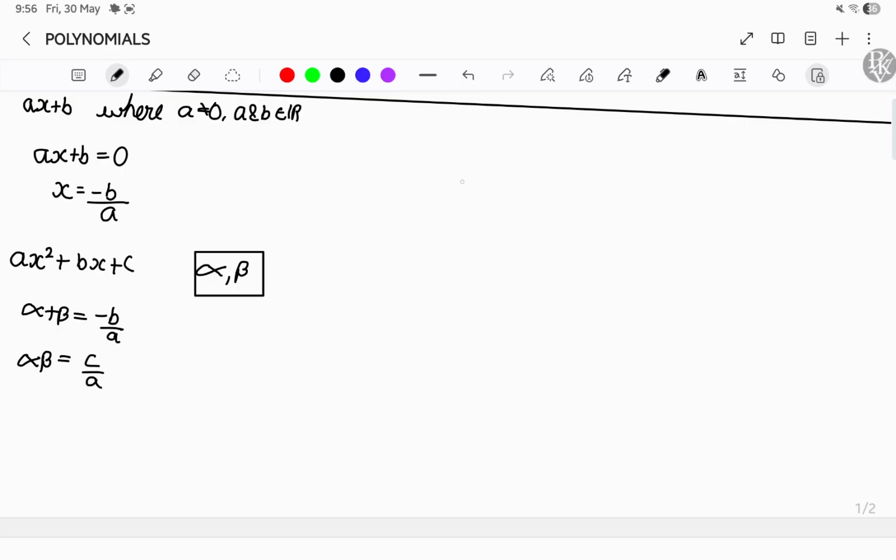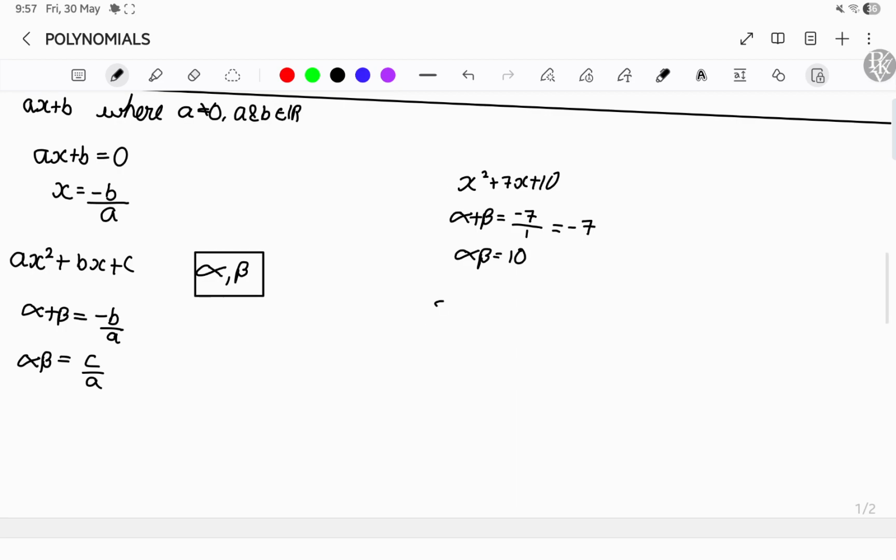Let's try an example: x square plus 7x plus 10. If you are asked to find the sum of zeros, alpha plus beta will be equal to minus b, that is minus 7, by a, 1, that is minus 7. And if you are asked to find the product of zeros, alpha beta, that will be 10 by 1, which is equal to 10.